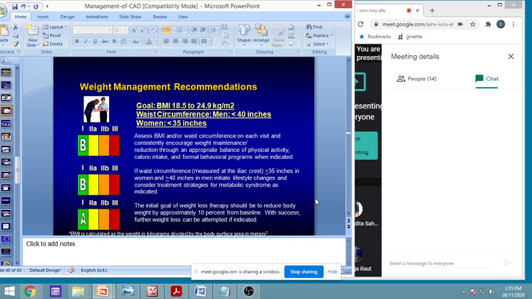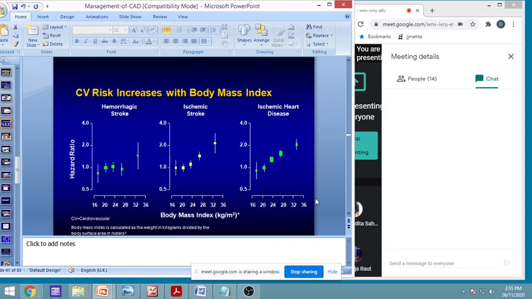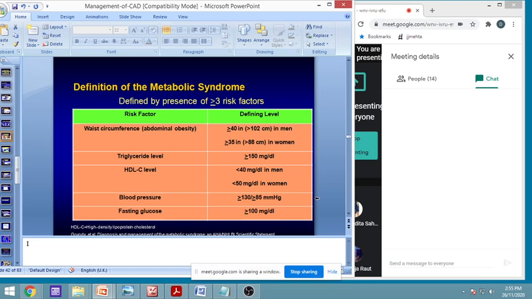Then the waist circumference should be reduced, so that the person's weight is in control, and this is very important. This is body mass index, and when it is high, it makes the problem.